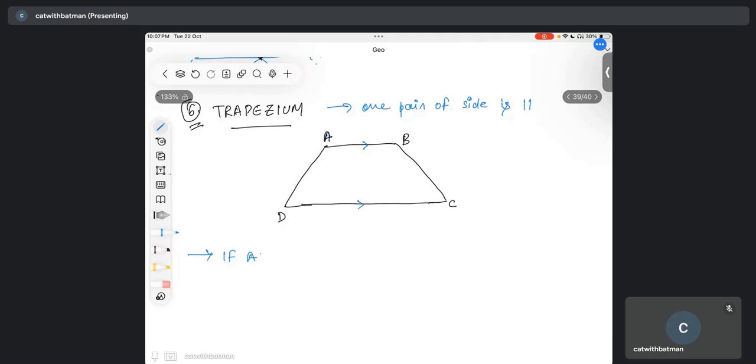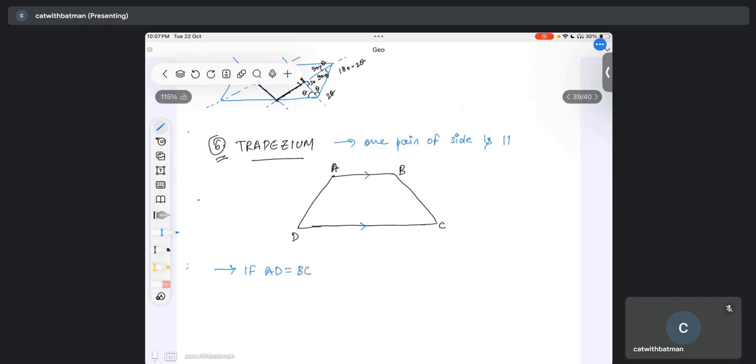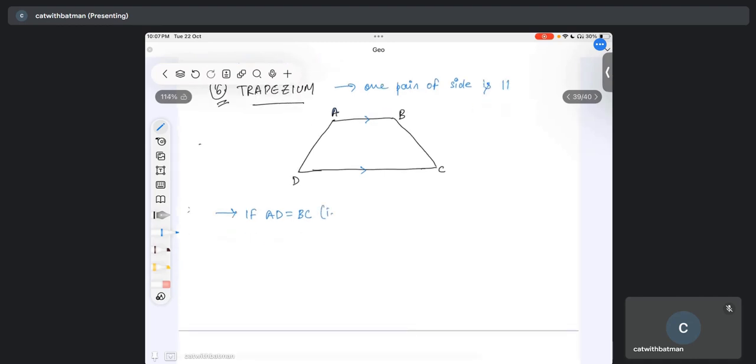If AD is equal to BC, that is, the non-parallel sides are equal, if that is the case, then it is called an isosceles trapezium.